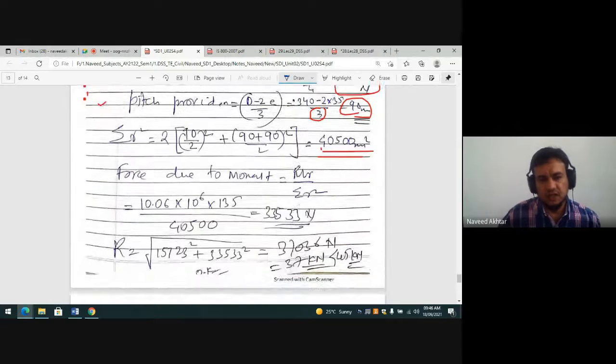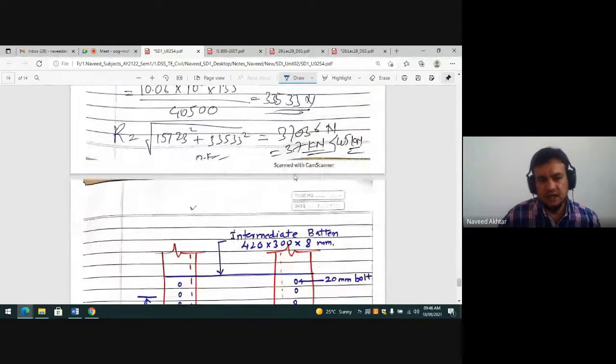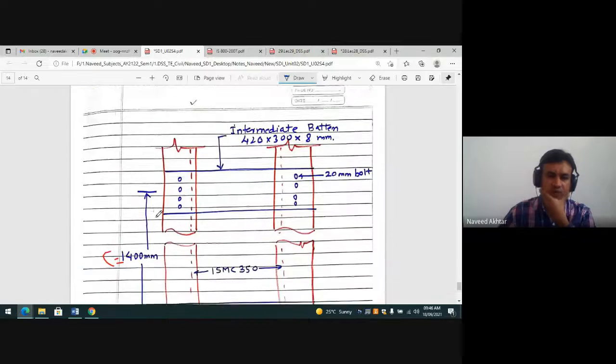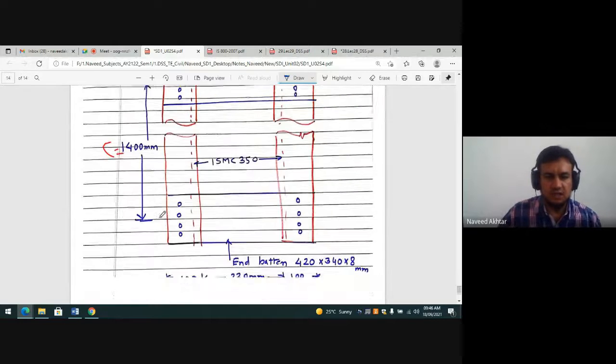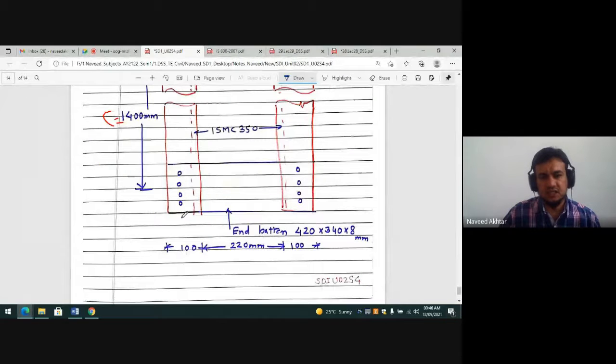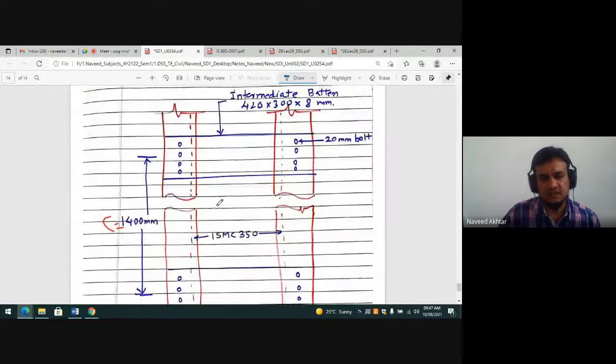If it is within the permissible limit, then you can provide it, and at the end you have to make the drawing.